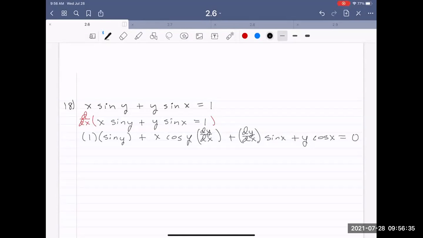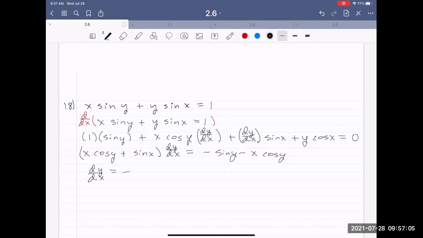Let's collect all our terms here. And so I have x cosine y plus sine x times dy over dx is equal to minus sine y minus x cosine y. Divide both sides of your equation by what's in front of dy dx.